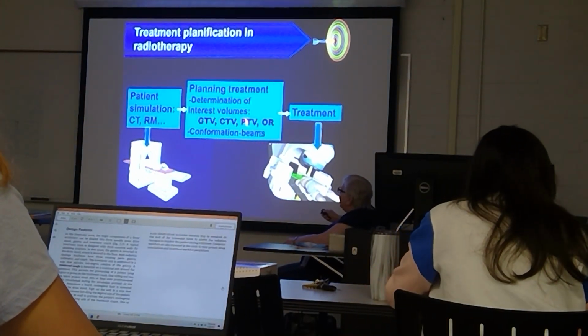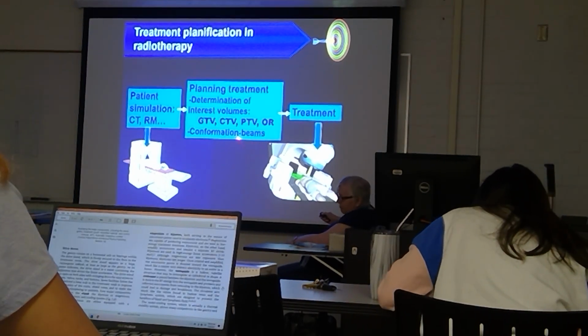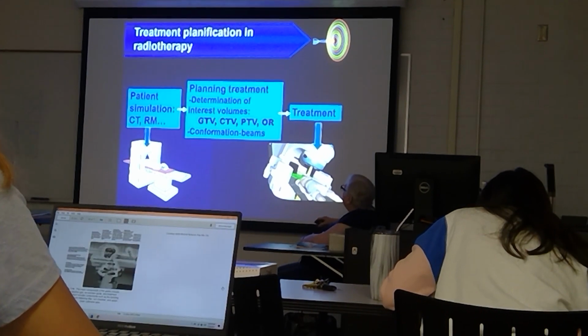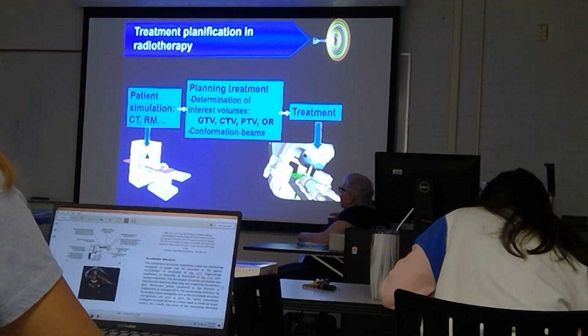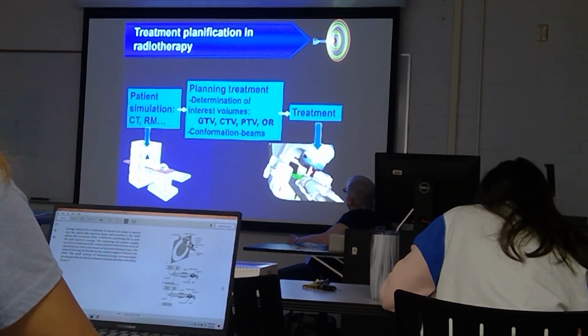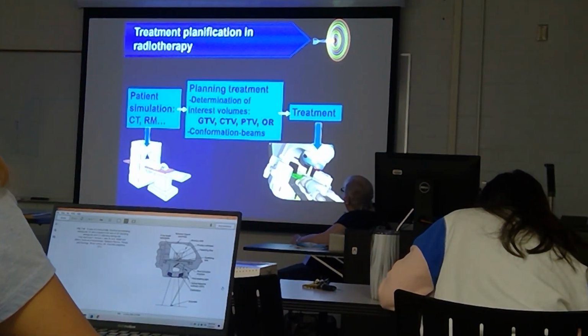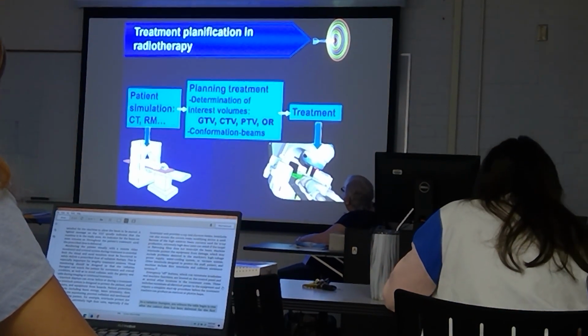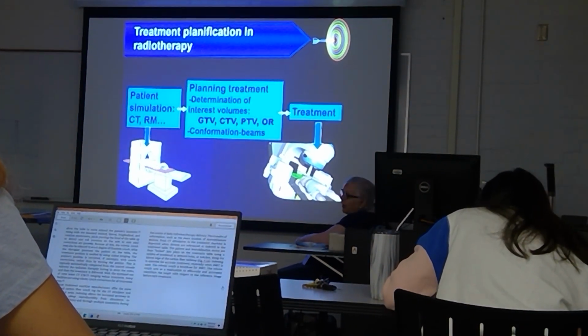And you have the GTV, the CTV, and the PTV. All of those are done. And eventually it gets to the treatment. So we are doing here a cone beam CT by the looks of it.